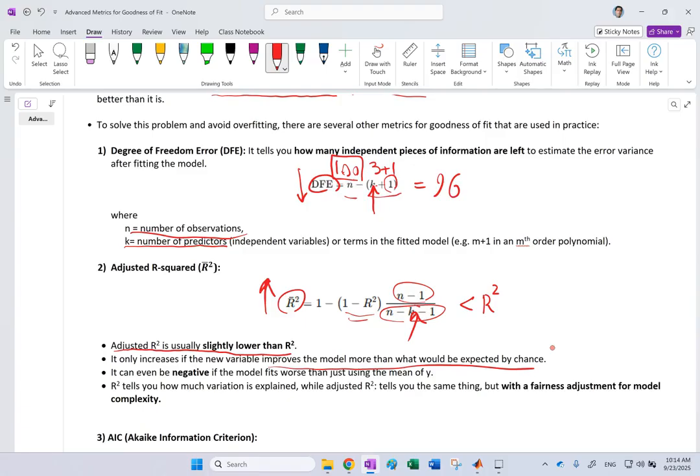For some k, it will reach a maximum, and after that it starts going down, because k is increasing, but your model passing through the data, the residual squared error, is not necessarily going so much down. And it can even go negative if your model is super complex. You have too many k's, too many parameters, and you're not doing any good.